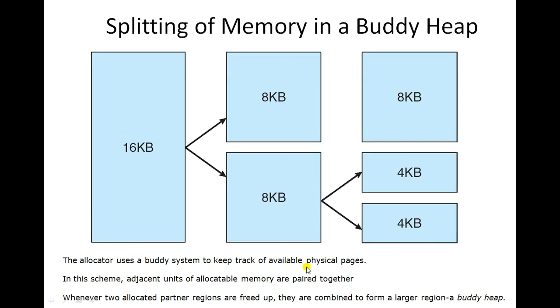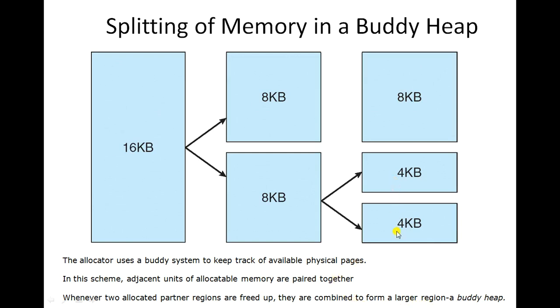So available free frames can be maintained with the help of a buddy system. In this particular scheme, adjacent units of allocatable memory are paired together, hence the name buddy. Whenever two allocated partner regions are freed up, they are combined to form a larger region that is called a buddy heap. So we can see in the diagram.